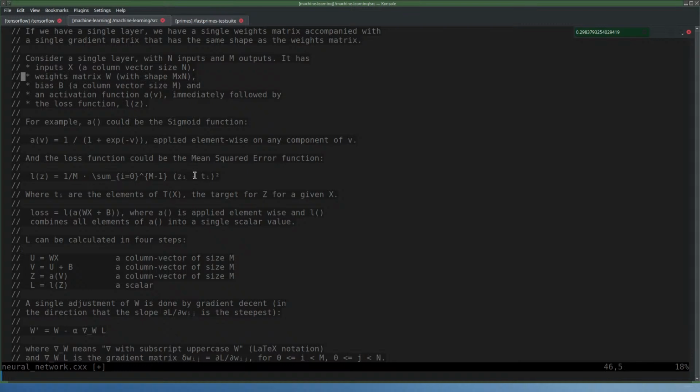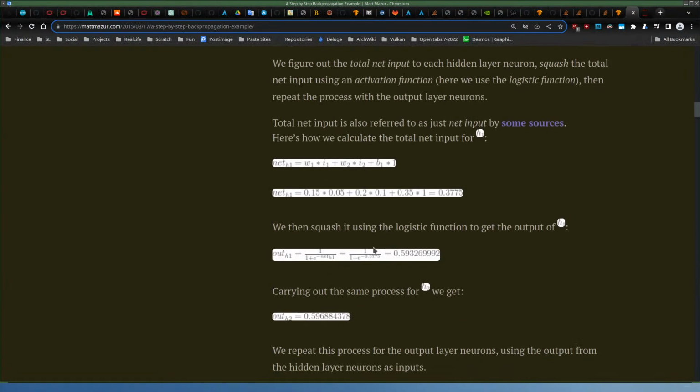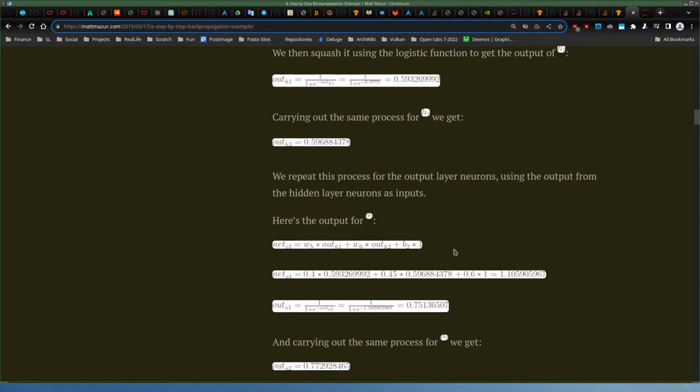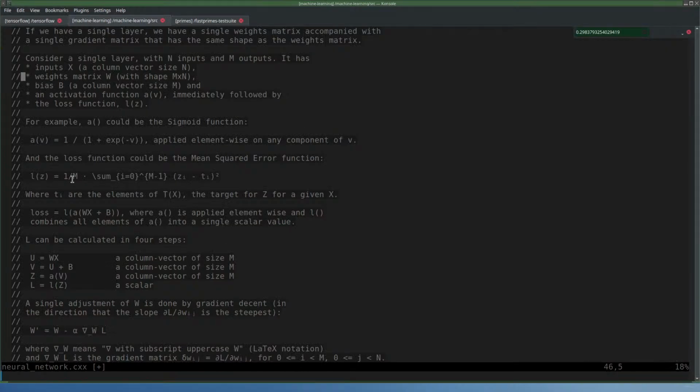So the actual output minus the target output, difference of that squared, all summed, and then again divided by m. That's the same thing as I did here, the error function. Yeah, they take target minus output, square it, sum it, divided by 2 here for random reasons. We divide it by m.